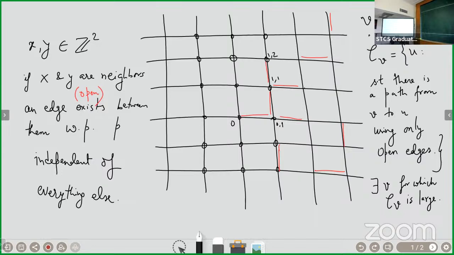Right, so can you use this and get an answer? You have two things to work with. One, if there is percolation, it must be that for every n, there is a path starting from the origin of length n of open edges. And we also know that the expected number of open paths of length n is something like 4 times 3 to the power n, because at the origin there are 4 possible directions, and then from every node 3, since we don't want to come back to the same place.